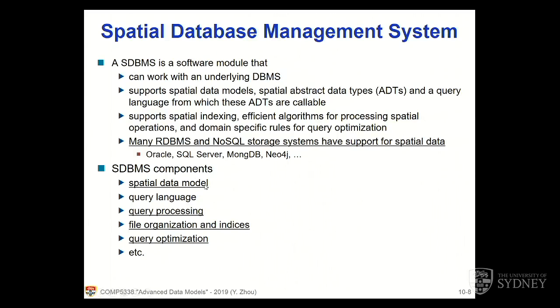Usually they use the underlying query language, and sometimes with special extensions. And this has query processing, like different ways of organizing the files and indices, and different ways to optimize queries.